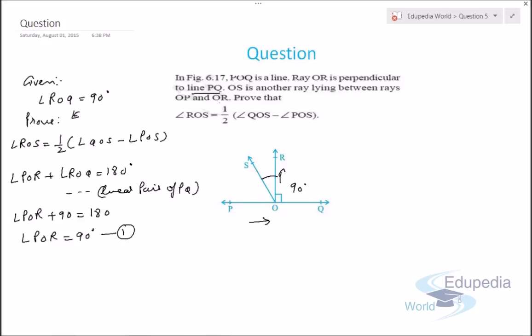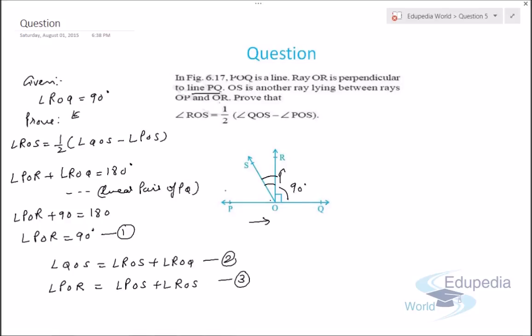Now, angle QOS, we can write angle QOS equals angle ROS plus angle ROQ. Let it be equation 2. Angle QOS will be equal to this angle plus this angle. Similarly, we can write angle POR equals angle POS plus angle ROS.